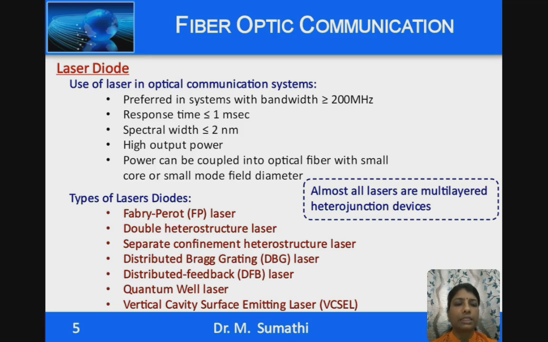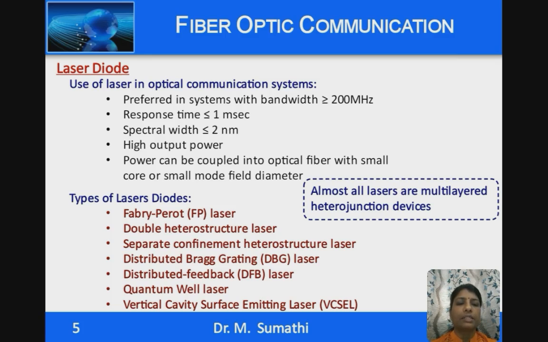The double heterostructure laser has a low bandgap material sandwiched between two high bandgap materials to form heterojunctions, which results in carrier confinement to the active layer. The separate confinement heterostructure laser has two additional layers over the heterojunction of the double heterostructure laser in order to confine the optical signal to the active region.